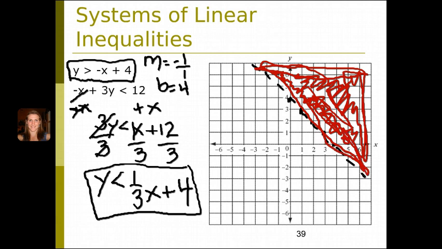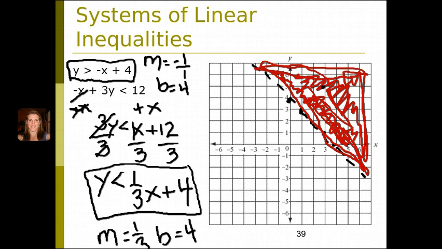Next, I'm going to draw my boundary line for my second inequality. I see that my slope here is 1 over 3, and my y-intercept is 4. So I'm going to go back up to 4 and make another point. And my slope is 1 over 3, so if I rise 1 and run 3, 1, 2, 3, here's my other point.